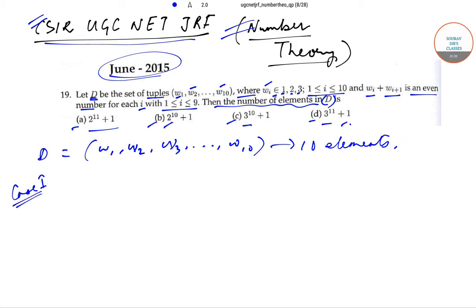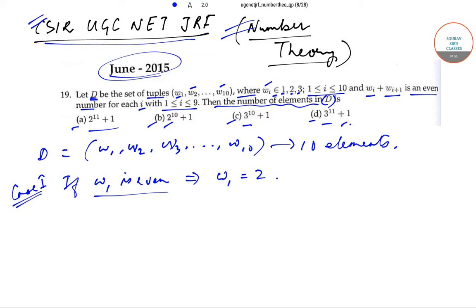Case 1. Now if W1 is even, so now we know that Wi belongs to {1, 2, 3}. So if W1 is even, that implies that W1 is equal to 2.